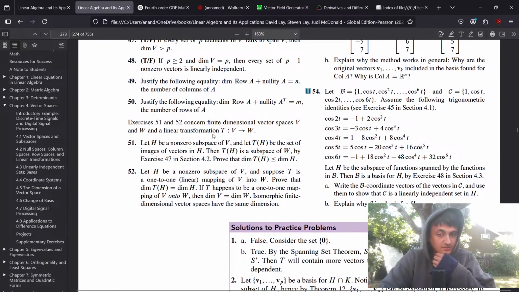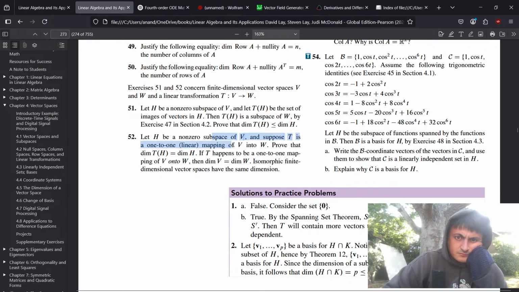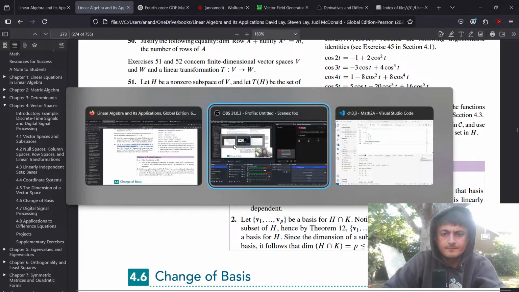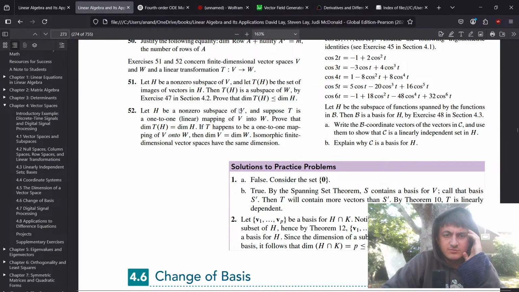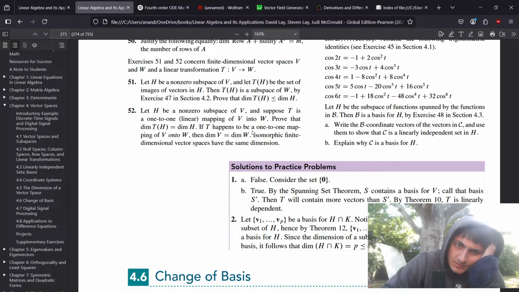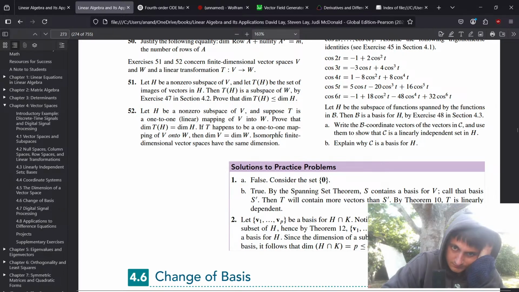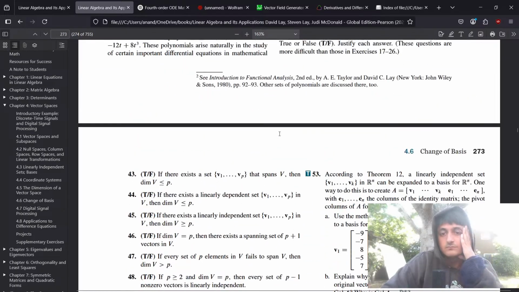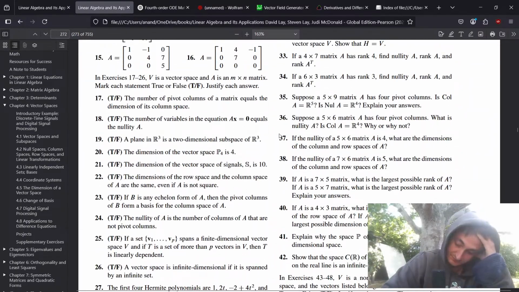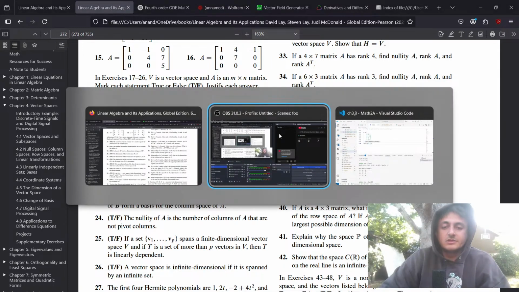Let H be a non-zero subspace of V, and suppose T is a one-to-one linear mapping of V into W. Prove that the dimension of T of H is equal to the dim of H. All right. Let's get started.